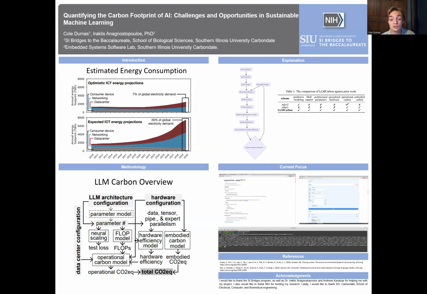Leading on to my explanation, table one is a generalized table. It's a more generalized explanation of what this chart over here is. It's the same thing, just a lot easier to understand from what I get. LLM carbon was created by these researchers from this article, and it says to measure predictive modeling, MOE support, architectural parameters, specialized hardware, operational carbon, and embodied carbon.